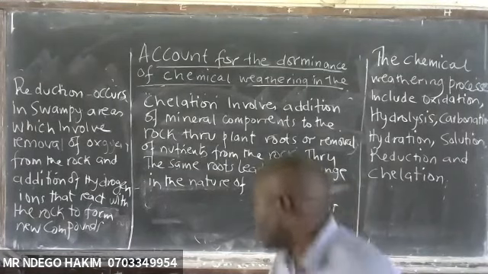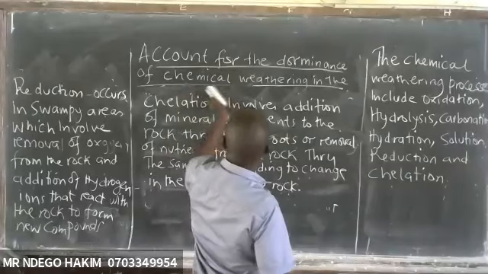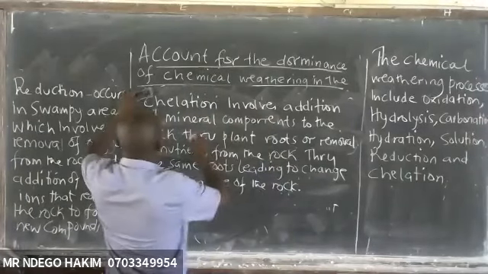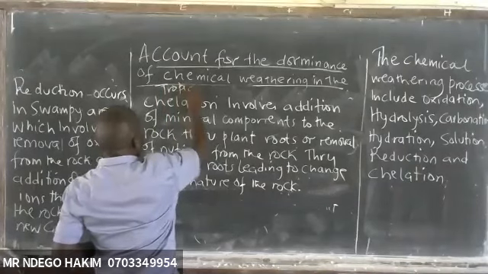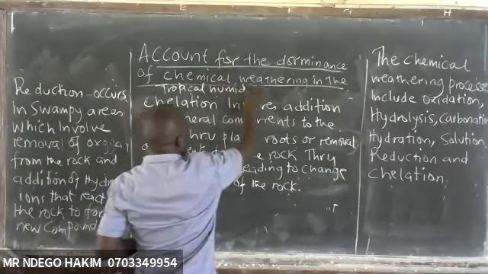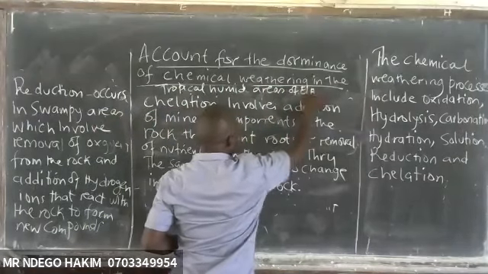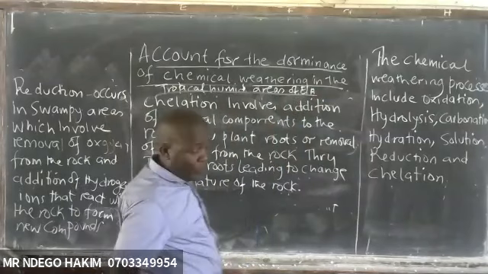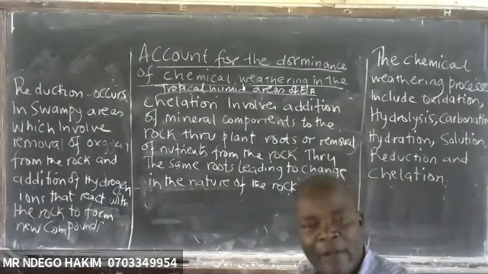For those who have just joined us, the question was: account for the dominance of chemical weathering in the tropical humid areas of East Africa. We started by defining chemical weathering, which we have done.